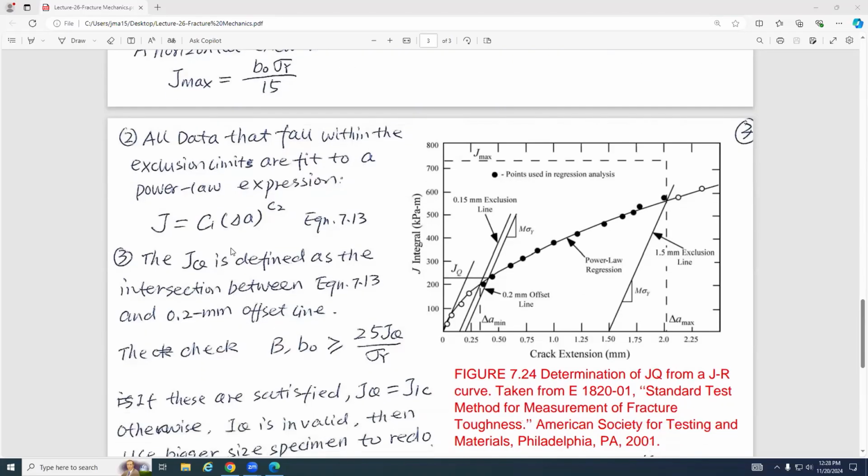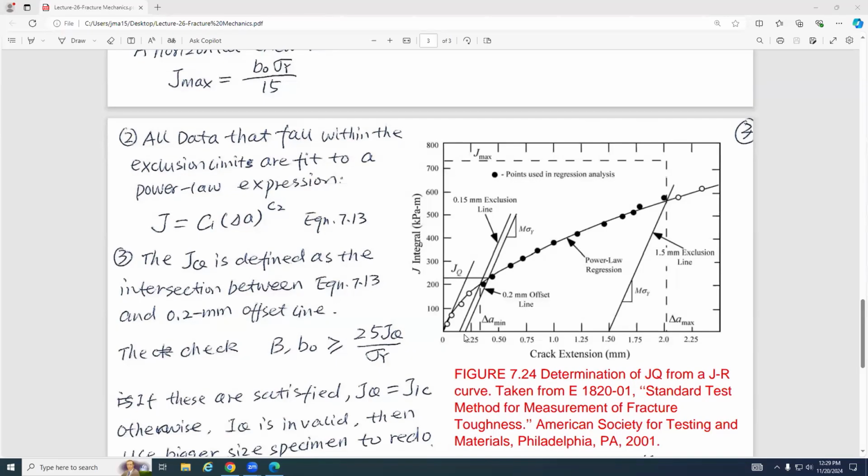Okay, the third step is JQ. The JQ is defined as the intersection between this best fit line and the 0.2 millimeter offset line.